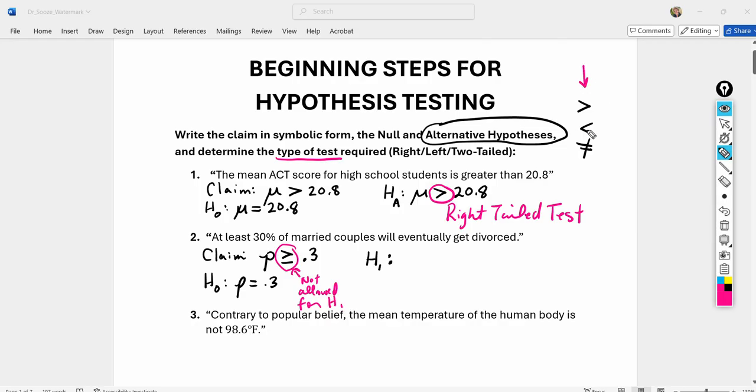The only symbols that are allowed are strictly greater than, strictly less than, or not equal to. If it's not allowed, then what we're going to use is the complement. And the complement of greater than or equal to is strictly less than.